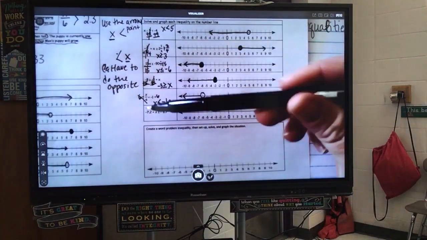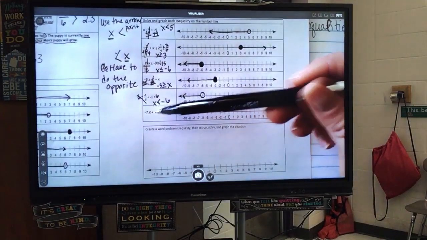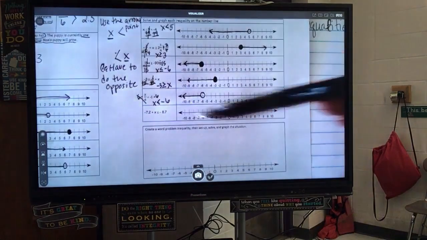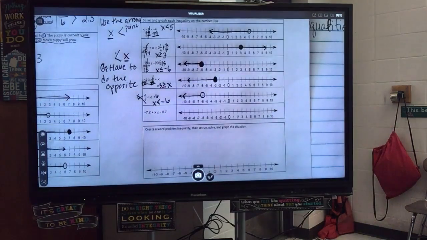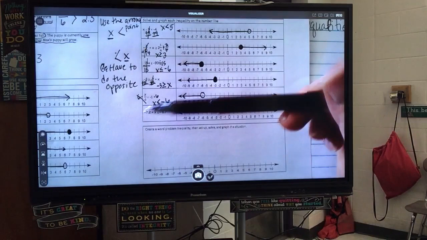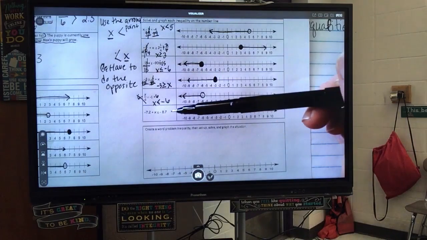Alright, the next one. Negative 7 2/10 plus x is less than or equal to negative 8 7/10. River, thank you for volunteering. What do we do first? How do I get x by itself? Am I going to do something with the negative 7 2/10, or with the negative 8 7/10?